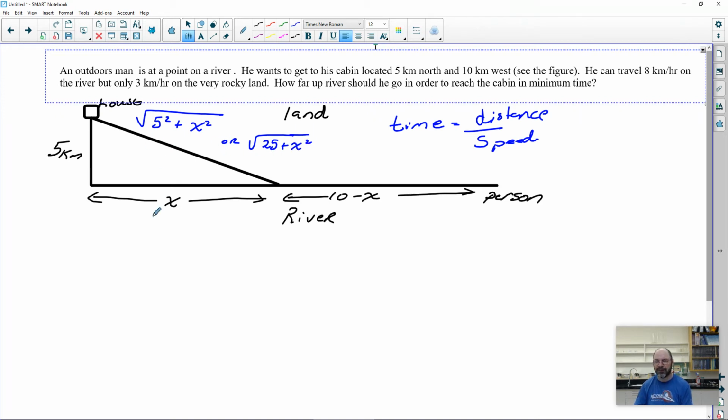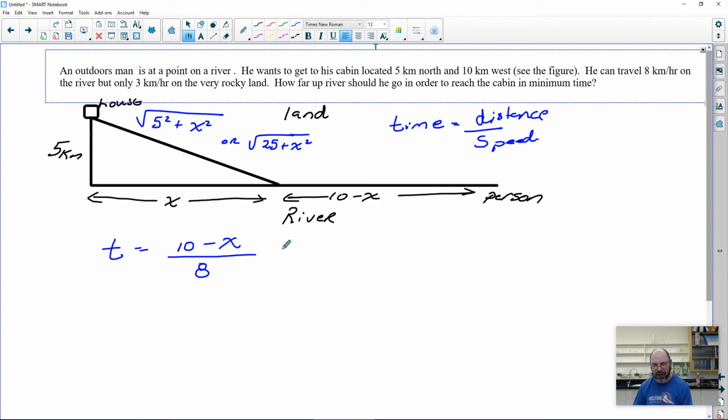So that's his distance. Let's write his total time. He's going to go the river distance, 10 minus x, and then he jumps out of his canoe and onto the land at this point right here. So we divide that by his speed on the river, which we said was 8.